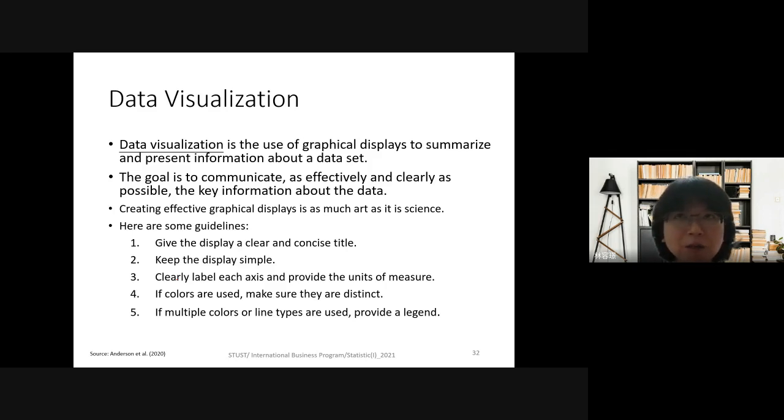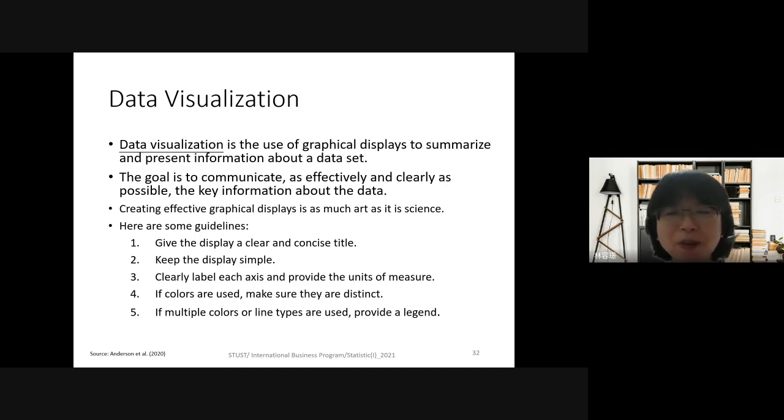So if you would like to submit your report to the teacher in other subjects, please remember, if it is in color, make sure each color is distinct, or your teacher, your audience, will be a little bit confused if you use a gray and a light gray and a white in a bar chart.